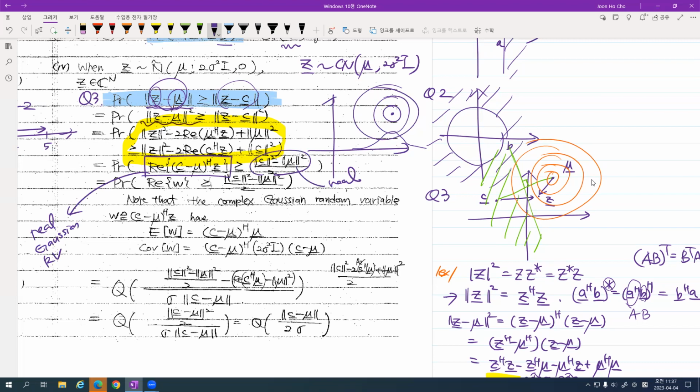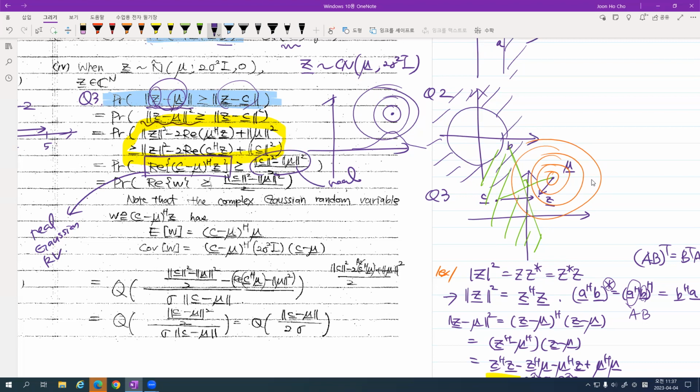So you eventually have probability of real Gaussian greater than or equal to some real number. Then the answer is Q of something. And in order to find that something, you need to compute the mean of this real Gaussian random variable and the variance of the real Gaussian random variable.